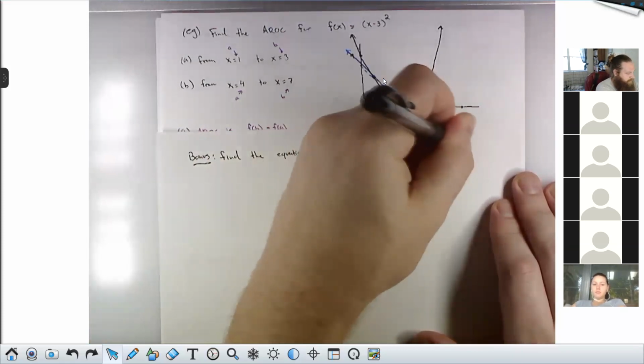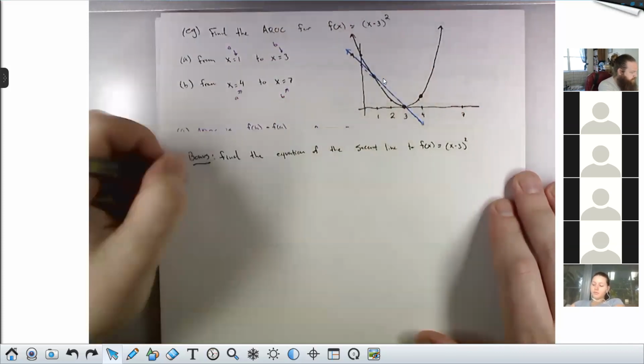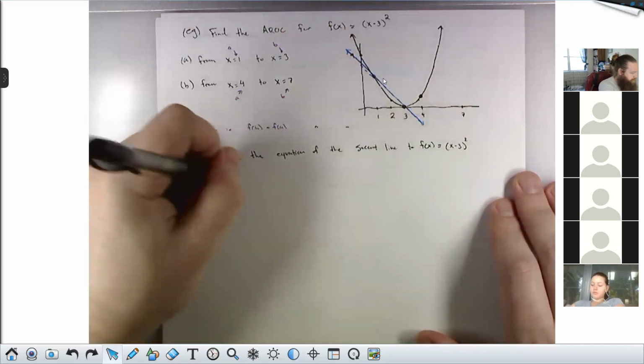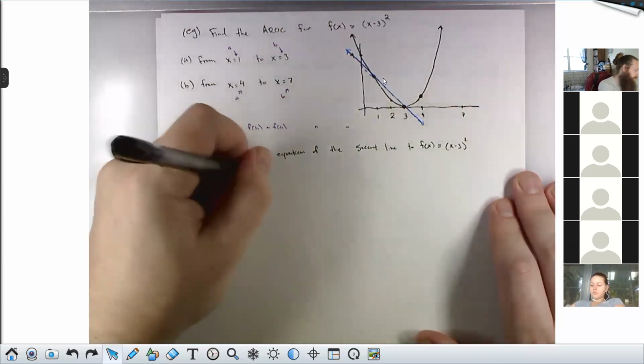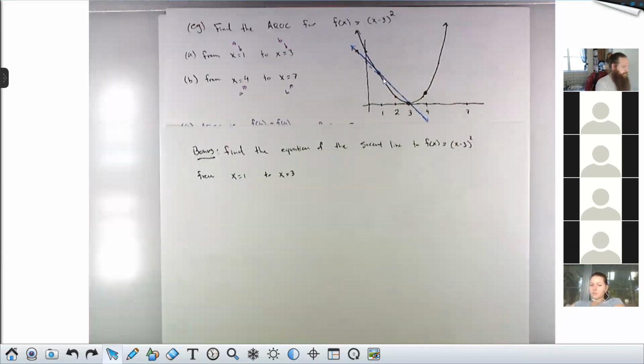So I'm going to find the equation of the secant line to f of x equals x minus 3 squared, from the one that we started with, x equals 1 to x equals 3. That's what I'd like to do.